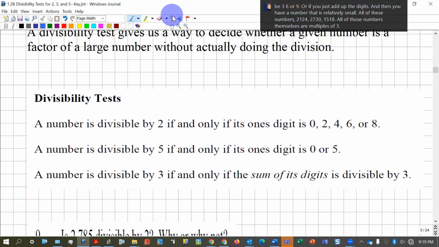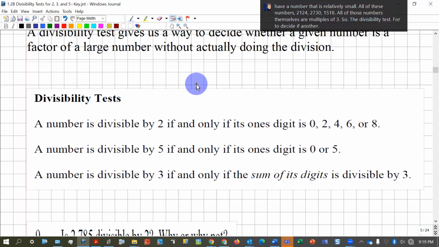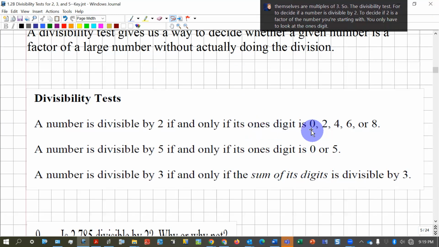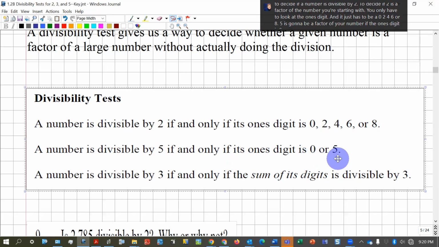So the divisibility test to decide if a number is divisible by 2, to decide if 2 is a factor of the number you're starting with, you only have to look at the ones digit, and it just has to be a 0, 2, 4, 6, or 8. 5 is going to be a factor of your number if the ones digit is 0 or 5.